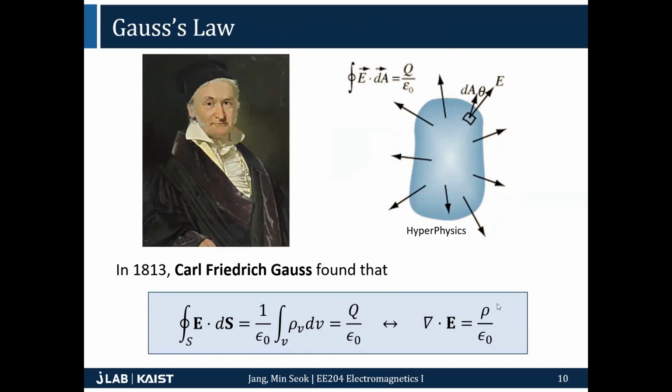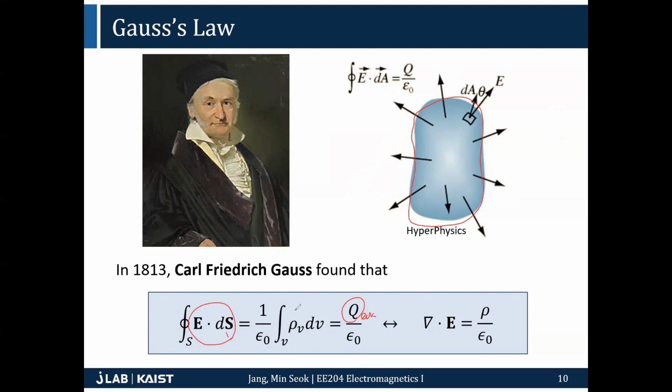Okay, so Gauss' law states this. What I mean by this is, if you perform a surface integral of E dot dS, this is equal to the amount of charge enclosed by the surface divided by epsilon naught.